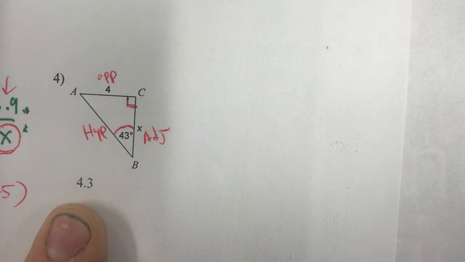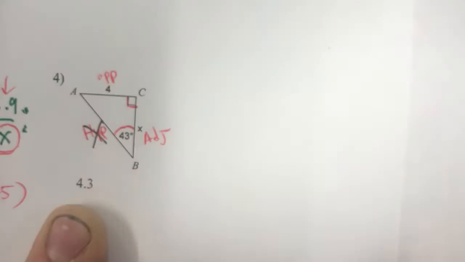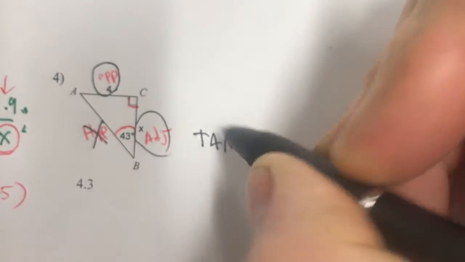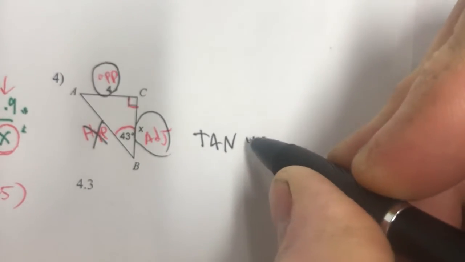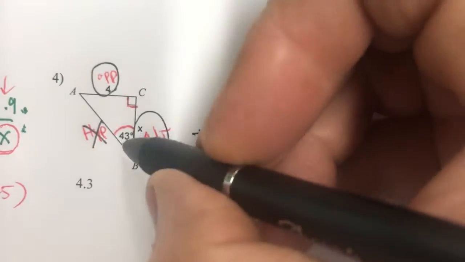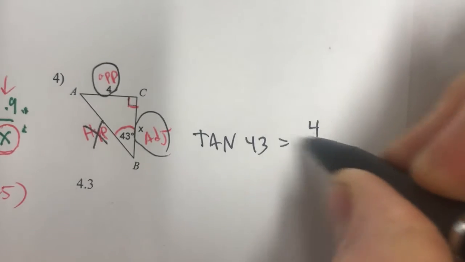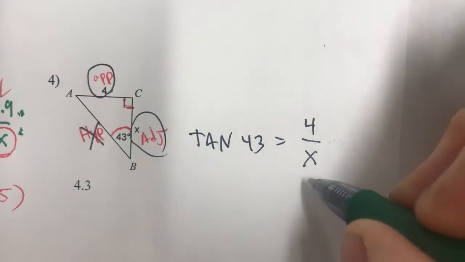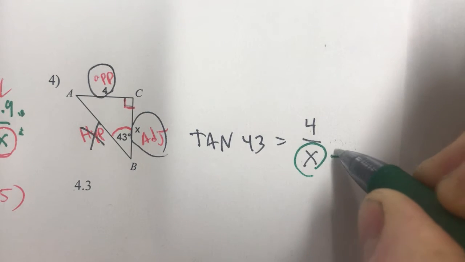As I've already mentioned, we're not concerned at all about the hypotenuse in this problem because there's nothing there. We're concerned about the opposite and the adjacent, which is tan again. Tan 43 equals the opposite, which is 4, over the adjacent, which is x. Since x is on the bottom, that means divide.